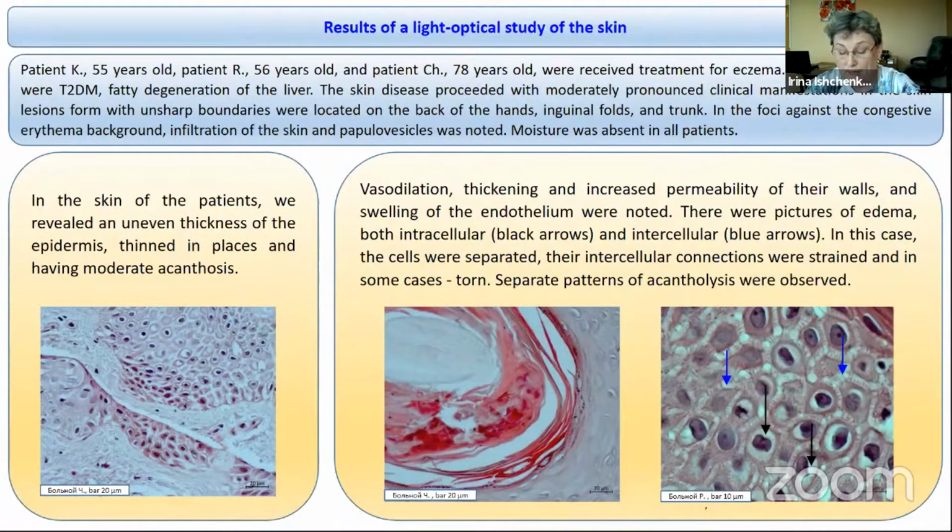There were pictures of edema, both intracellular and intercellular, and in this case the cells were separated, the intercellular connections were strained, and in some cases torn. Separate patterns of acantholysis were observed.